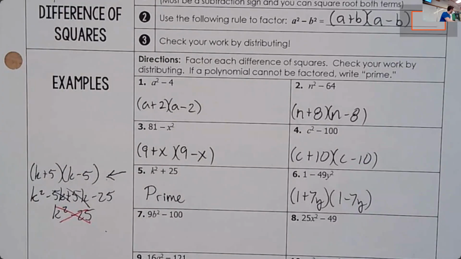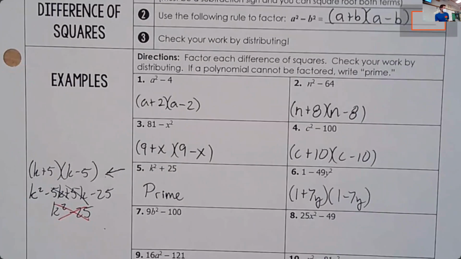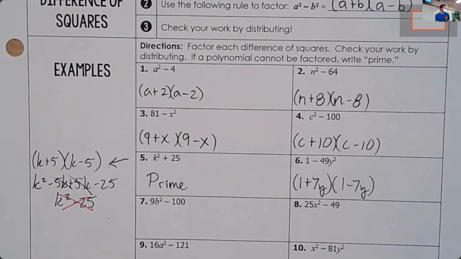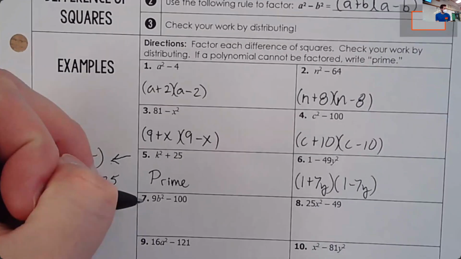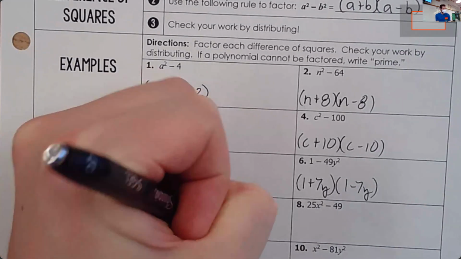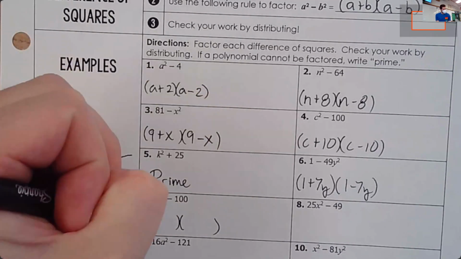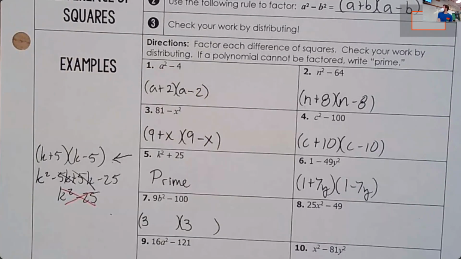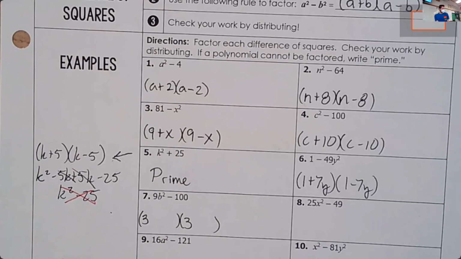Number 7, that is going to be, let's see, Sila, can you help me out with number 7? What number multiplies by itself to equal 9? So 3, all right. What multiplies by itself to equal b squared?